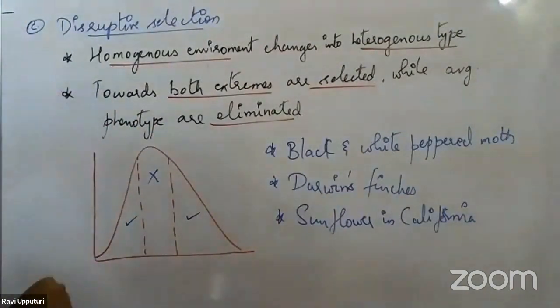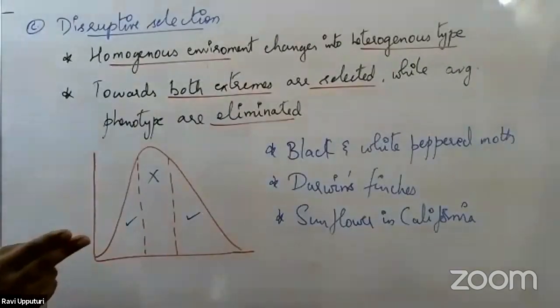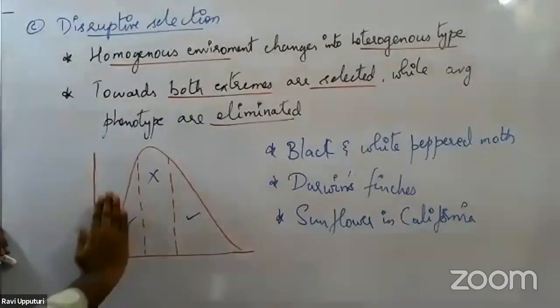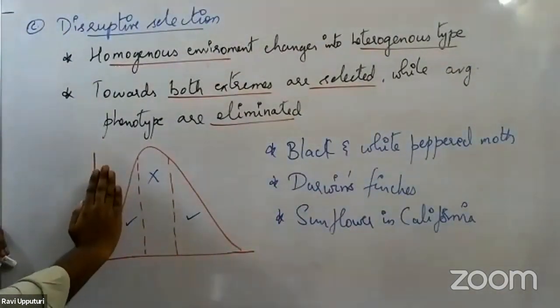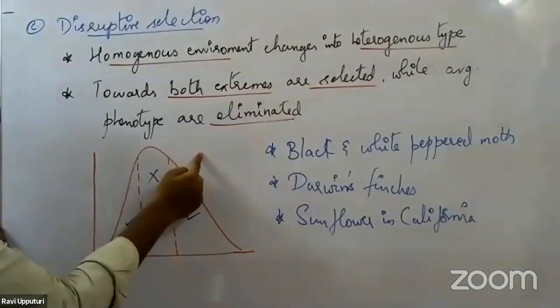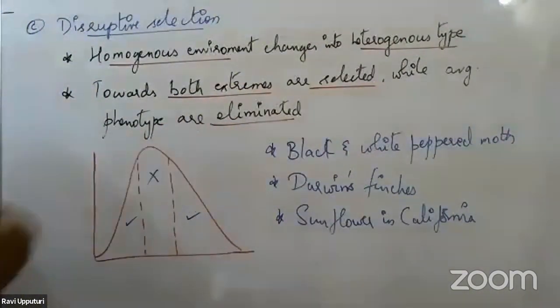That is stabilizing selection. The second type of selection we saw is directional selection. What happens in directional selection? Individuals present towards one end of the phenotypic distribution are eliminated, such that the average phenotype constantly shifts towards the other end of the phenotypic distribution.